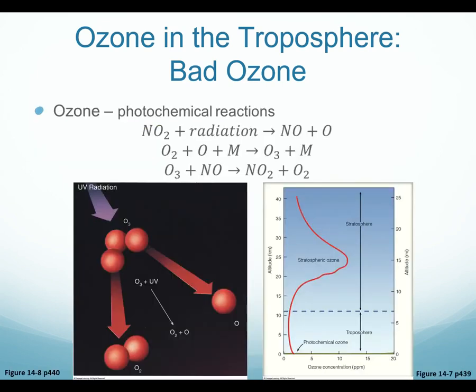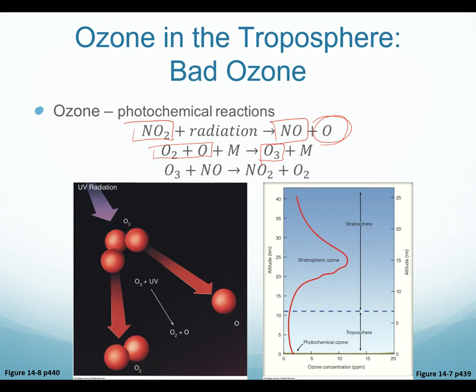So you have the same process, but this time you introduce another chemical like NO2. NO2 is broken apart by radiation to form NO. The oxygen from that split then reacts with the molecular oxygen that we breathe, and it produces ozone.